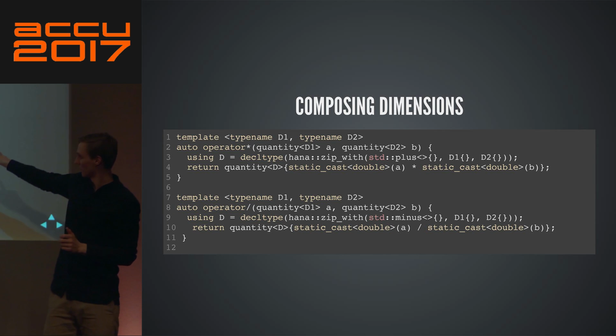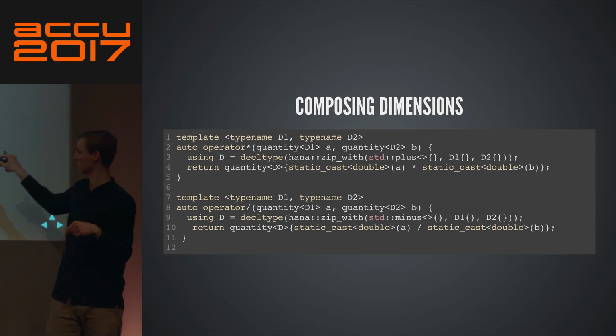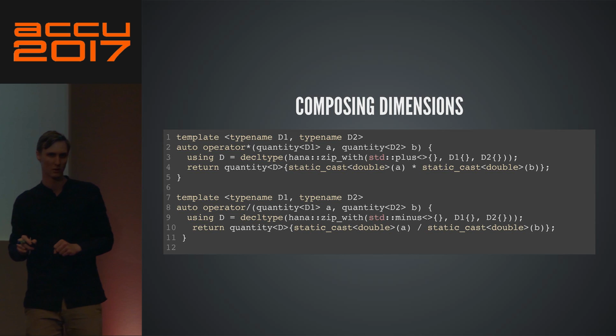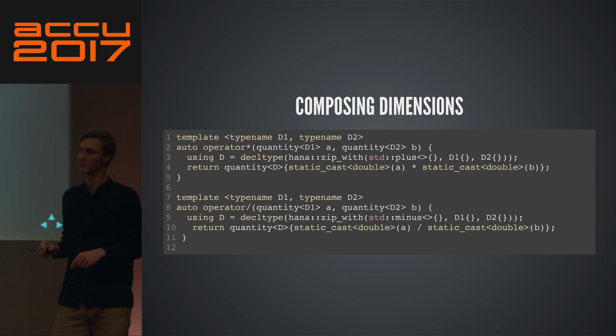And then I just pull the actual value out of each of my quantities, and create a new quantity that represents the new composite dimension. Is everybody following me? Yes. Okay, good. And for operator divides, basically the same thing, but you use operator minus.